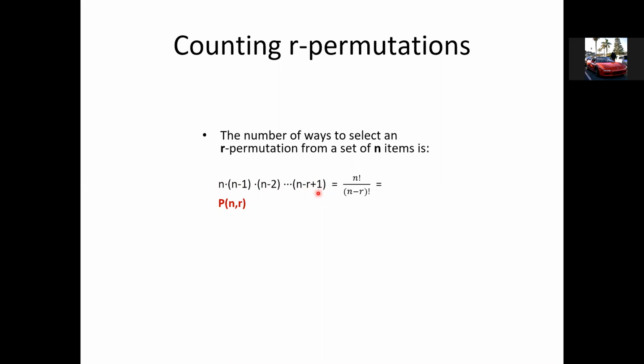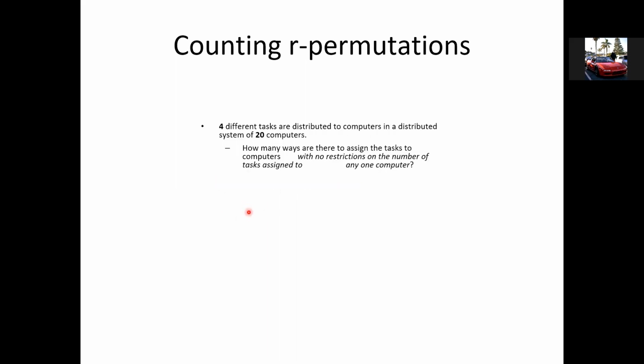And this can be computed as n factorial divided by n-r factorial, right? Because if I put this on this side, then these are the next elements, and by the time I multiply by n, I will have n factorial. And there is a special symbol for this: permutations, out of n I take r. It's a special symbol that we use.